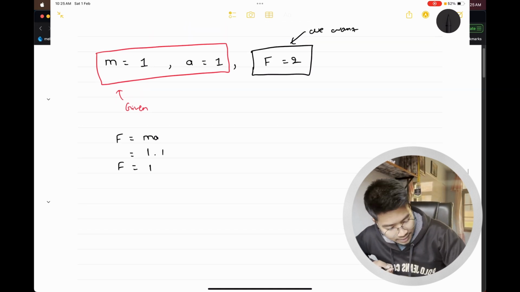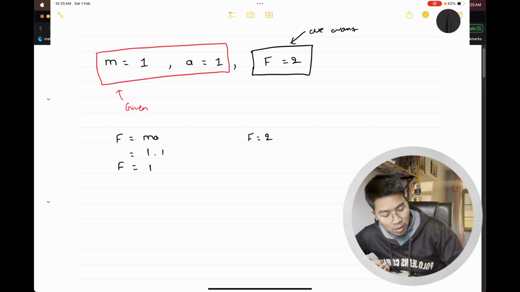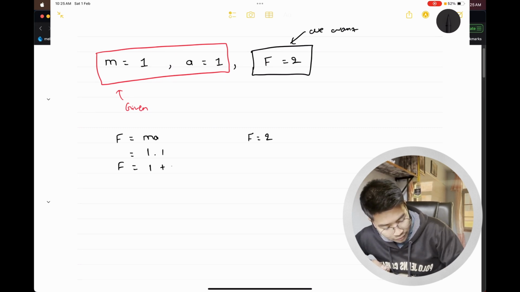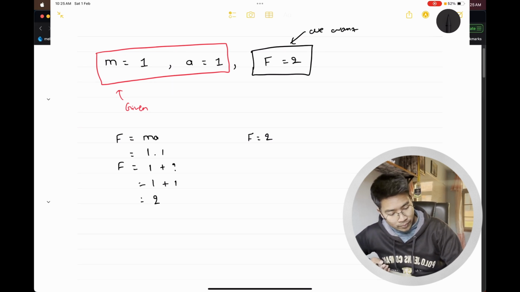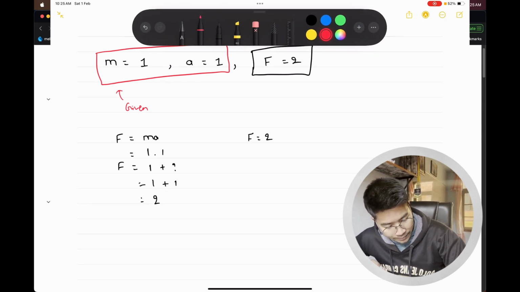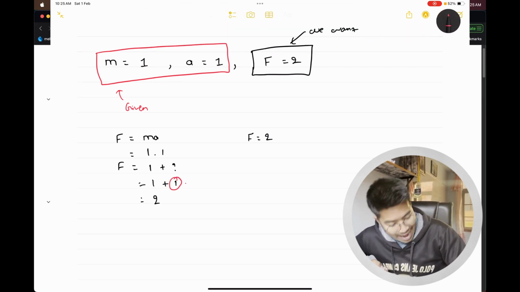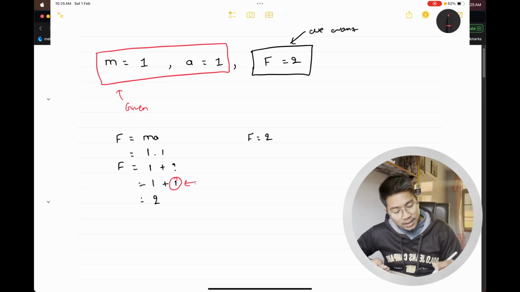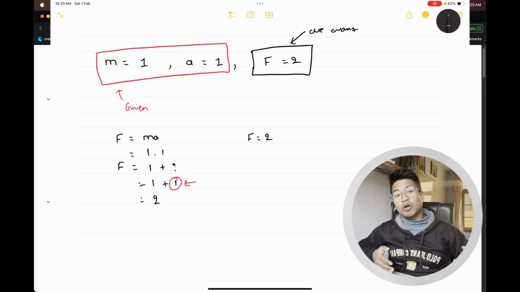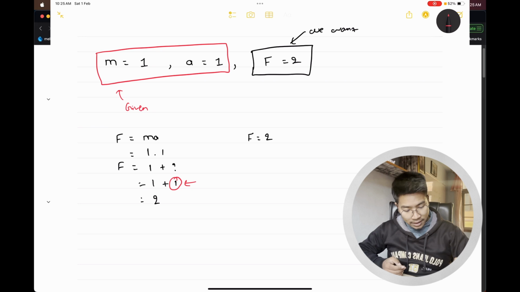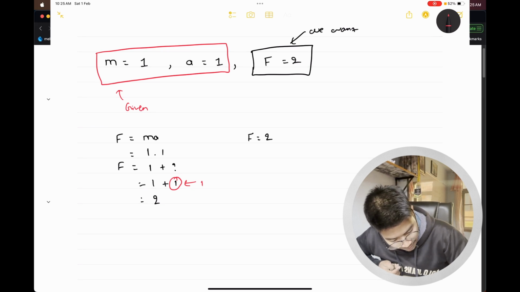If you want f is equal to 2, how much are you missing over here? And that answer is 1. You're missing a 1 to get that 2. So if I add this term, then I would get my expected output of 2. So this thing over here would be a bias.